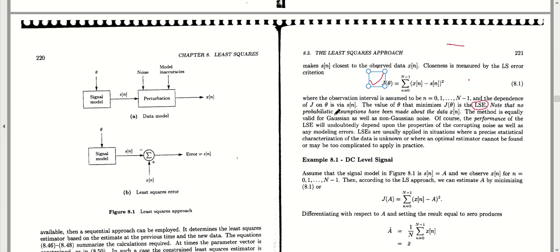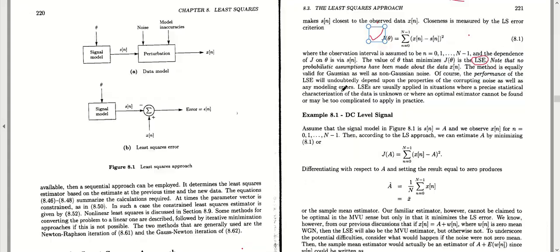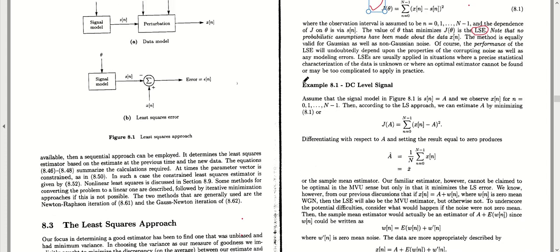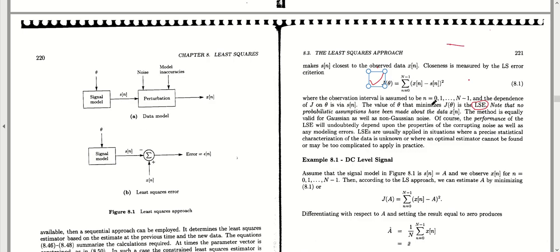Note that no probabilistic assumption has been made about the data. If we take a step back and take an overview, when we go from here all the way down to here, you notice one very unique feature of this estimator. Have we talked about the data model?